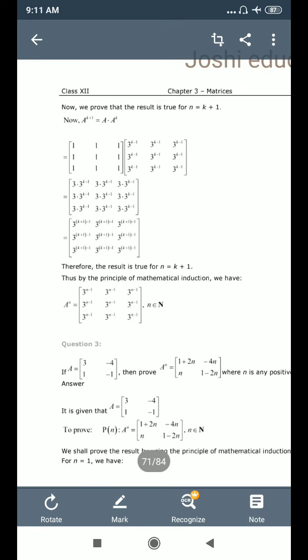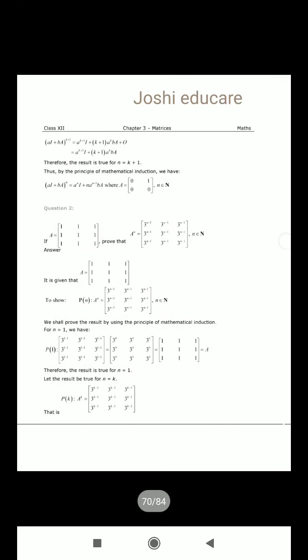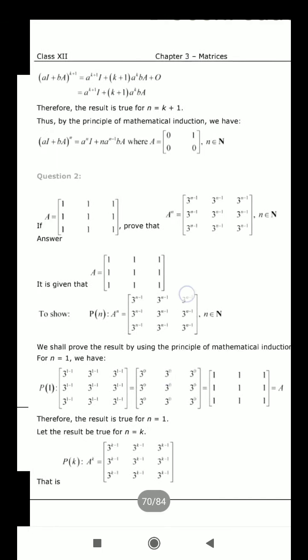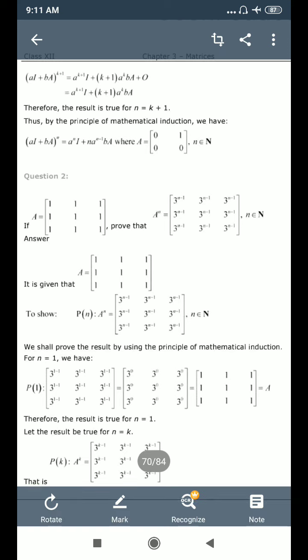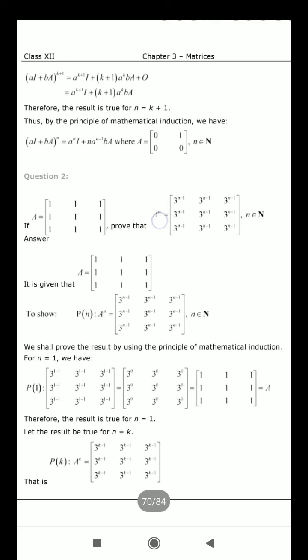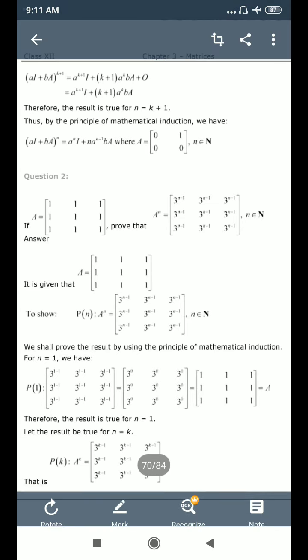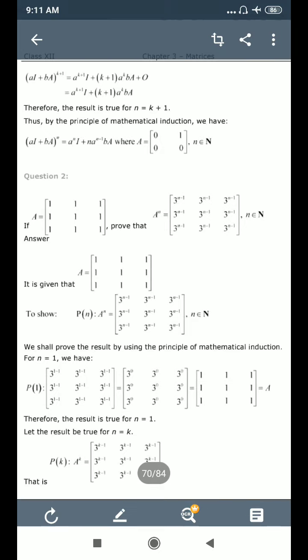So in the left hand side you will replace n by k plus 1, so A raised to power k plus 1, we will simplify it and we will prove it is equal to A raised to power k plus 1 will come 3 raised to power k, 3 raised to power k, because in both sides we replace n by k plus 1. So on the left side it will be A raised to power k plus 1 and on the right side all the terms should be 3 raised to power k.